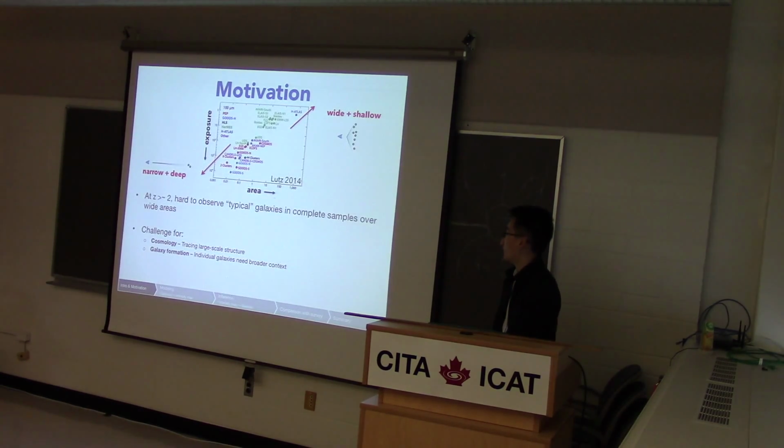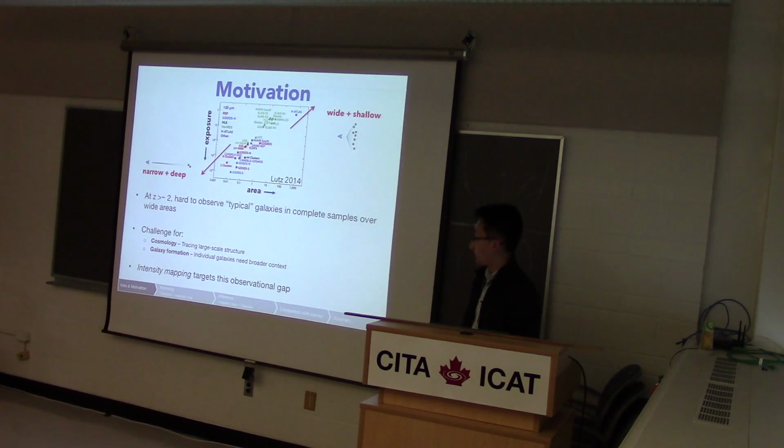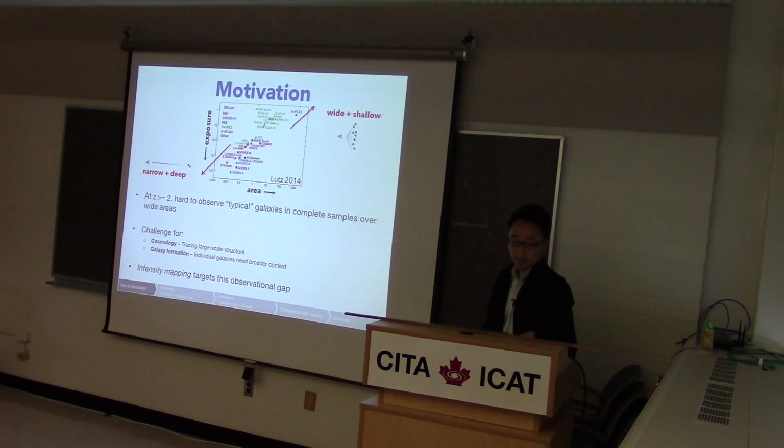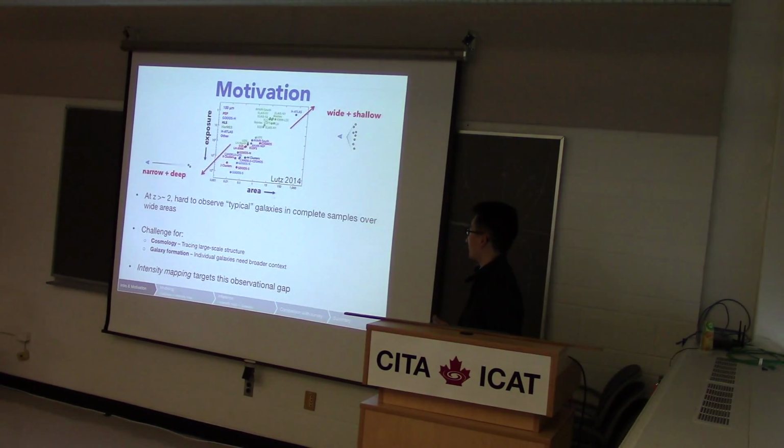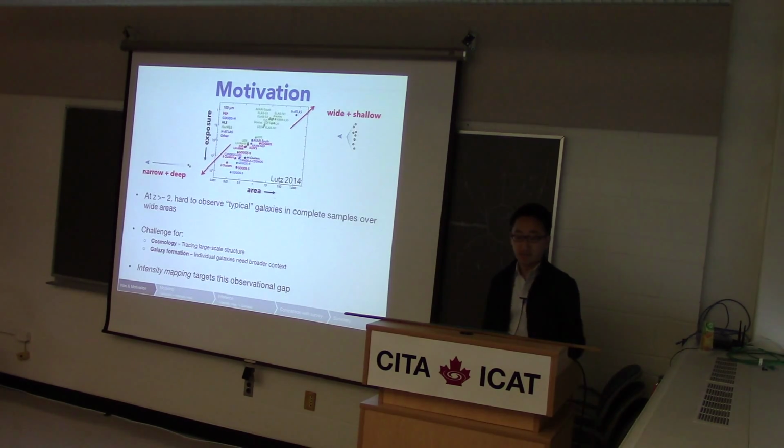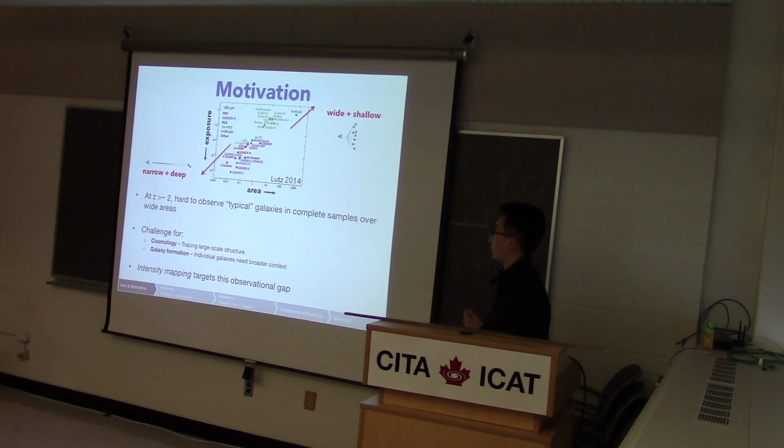Because at some point, you need to put them in the context of their broader populations, which are evolving and interacting. Okay. So essentially, our ability to probe cosmology depends on our understanding of what's probing it to some extent. And then our ability to understand galaxy formation depends on our understanding of the framework that they actually form in. Right? And so intensity mapping targets this observational gap where we can't go both deep and wide at the same time.